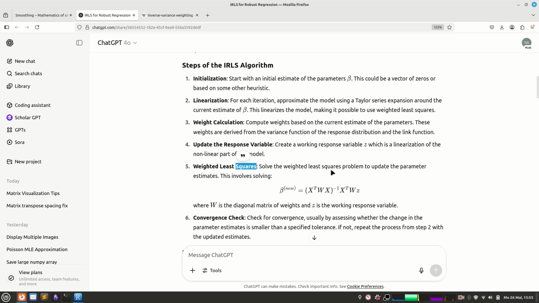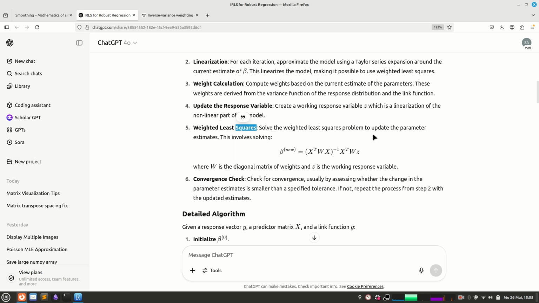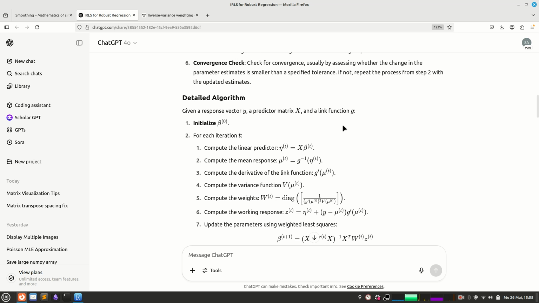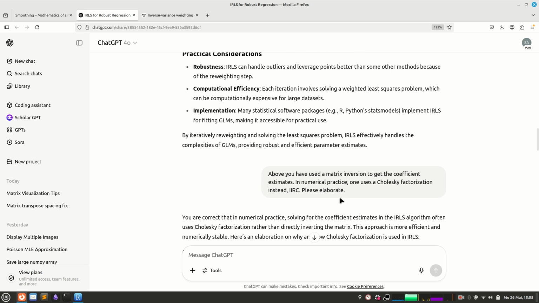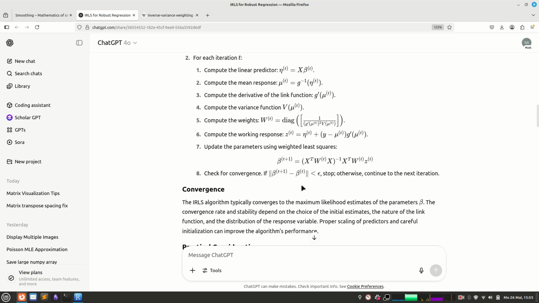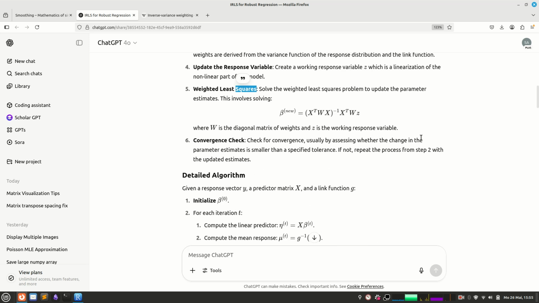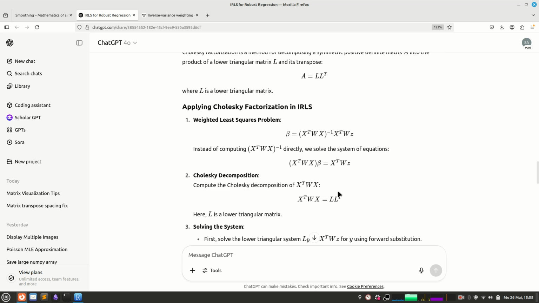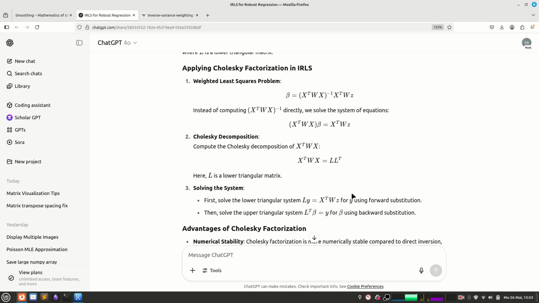In the end, it makes a weighted least squares. Then I complained that it gave us the detailed algorithm saying that we build the inverse, which in my memory from the textbook is wrong. And it said, yes, this is correct, we don't do this, instead we do this.